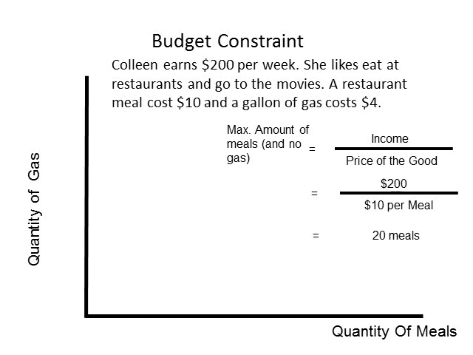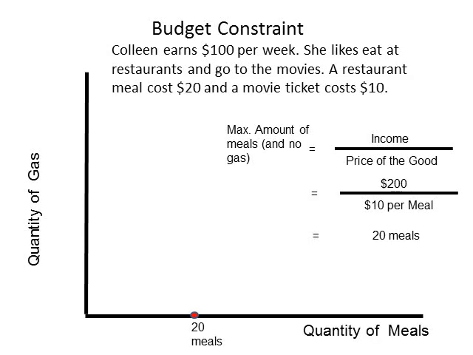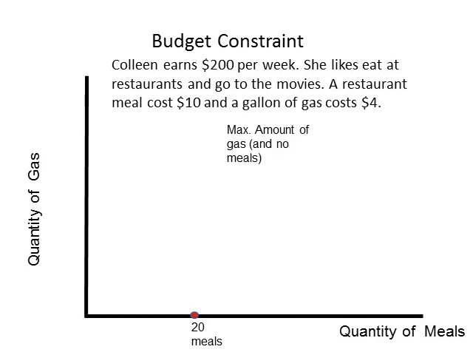Dividing $200 by $10 gives 20 meals, so the maximum amount of meals that Colleen is able to purchase in a given week with her $200 is 20. On the graph, place a dot at 0 gallons of gas and 20 meals. This represents the maximum amount of meals that Colleen is able to purchase.